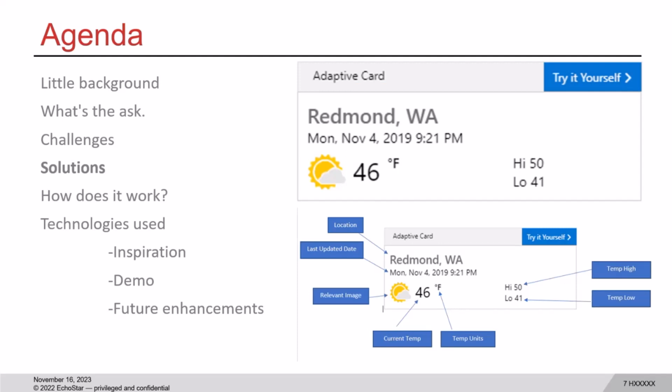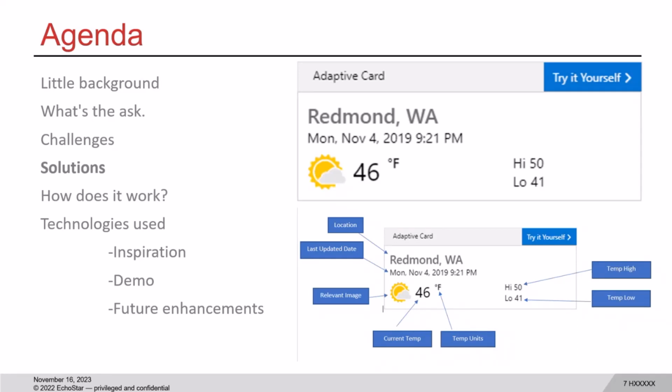When I looked at the card from the samples repository, this is the card we took inspiration from, and then we built upon it. So when I looked at this card, these are the properties that we relied on. For example, here you see Redmond, Washington, that is the location, and similarly the last updated date and the relevant image, then the current temperature and units, and then the temperature high and low.